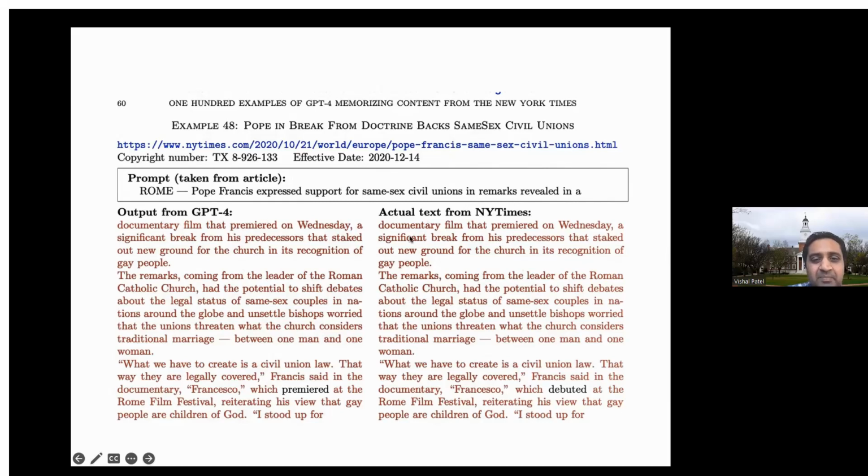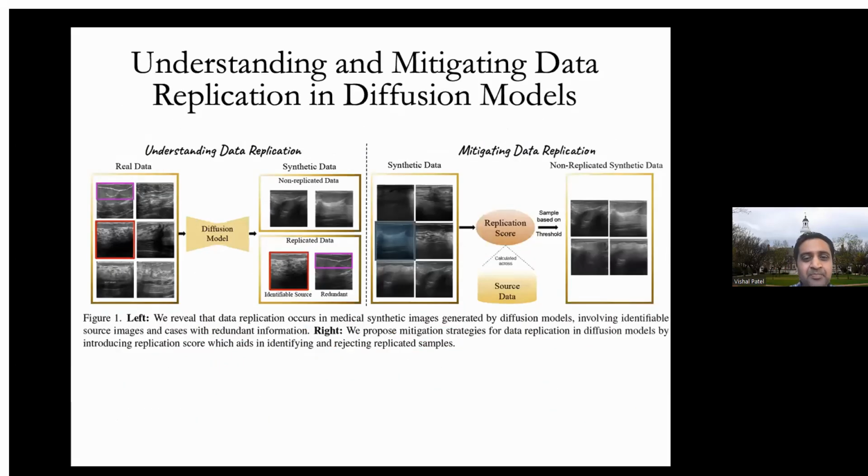It's word-to-word, basically a copy. It's a replication. So this data replication is something very important that has been overlooked, and I think it's something that we must address if we are to go after generative AI methods, especially in medical imaging.